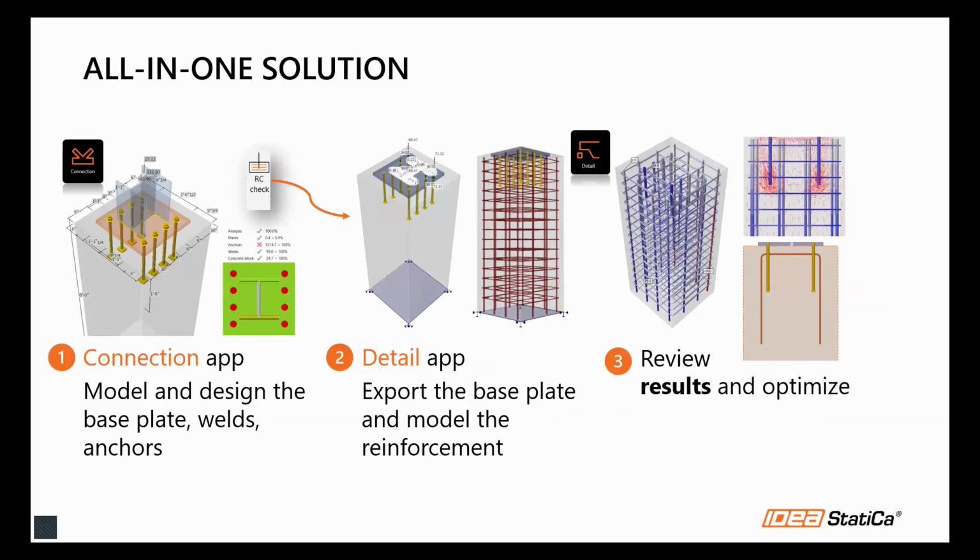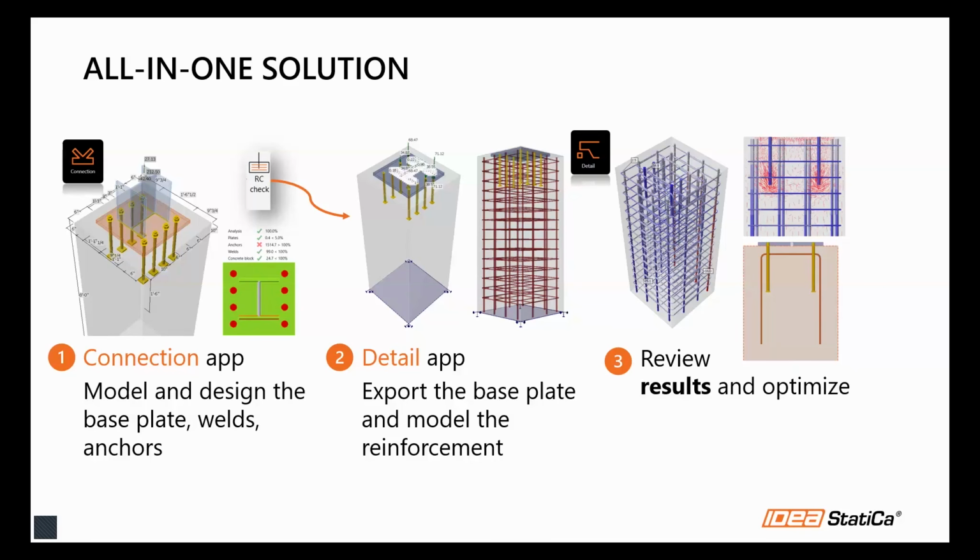So again, you start in our steel connection app, modeling and designing the base plate. You can run your anchor checks and you find that your anchors aren't working, because you're getting pull-out and breakout failures. At that point, there's now this RC check button in the ribbon at the top of the screen.